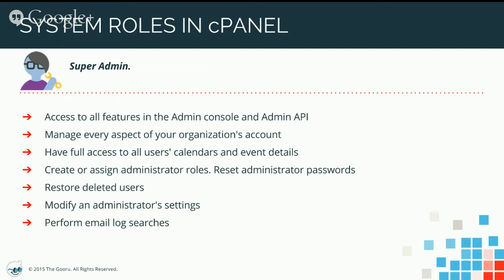You need to have at least one account on your domain as a super admin, but Google recommends having at least two. That way, if one of you forgets your password, the other can reset it for you. You should also ensure you have added the recovery information for your administrator account, which can be done in cPanel under Company Information tab, and this can be done for the primary super admin account.